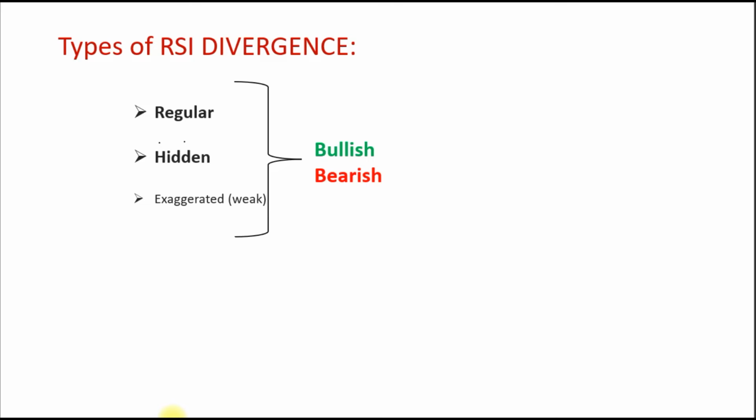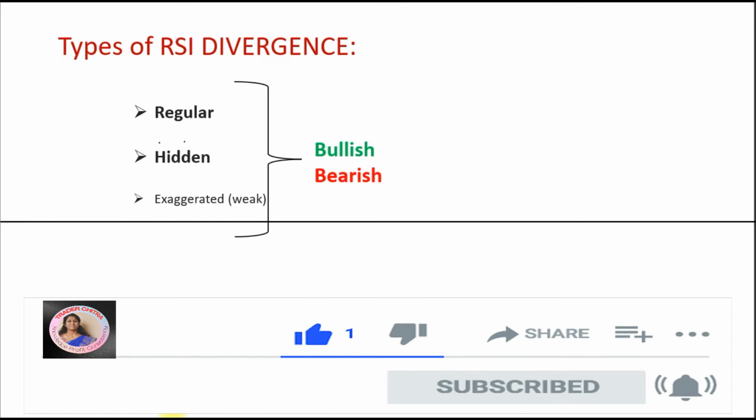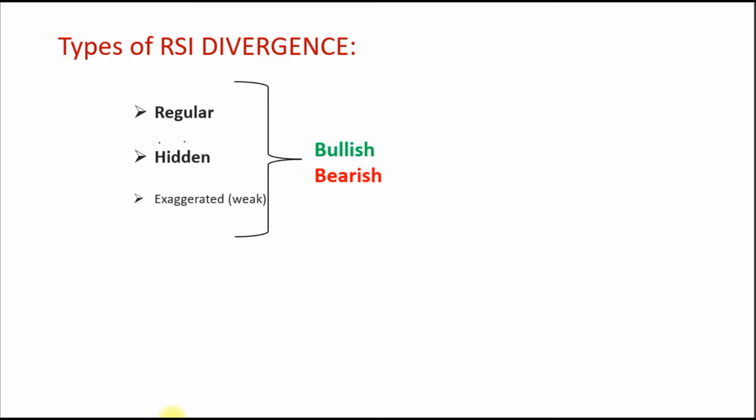Under divergence, we have three types: regular, hidden and exaggerated. We will see how each type of divergence is formed, and after that I will show you examples. If we understand how each divergence is formed, it will be easy for us to enter a particular trade.